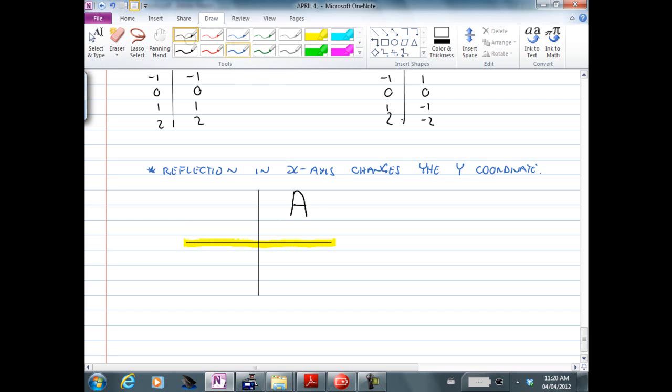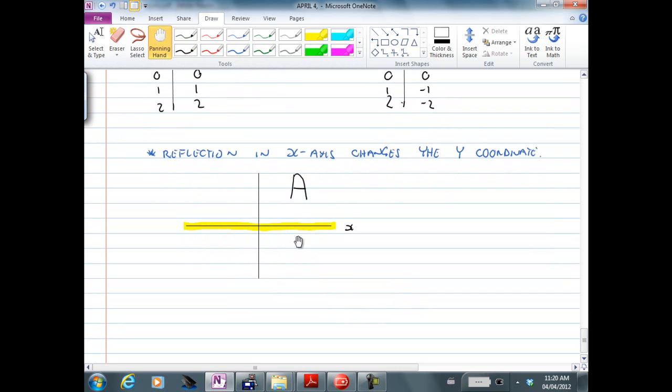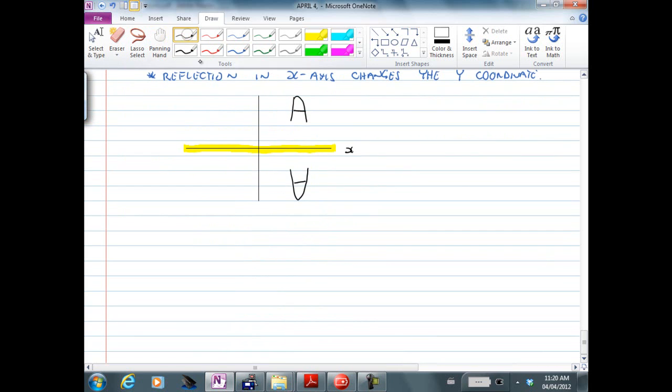Imagine what it would look like if you flip this over the x-axis and just draw it in. If you did this correctly, you should get this. The x value stays the same. Only the y value changes. This is called the x-axis reflection. Now, the y-axis reflection.